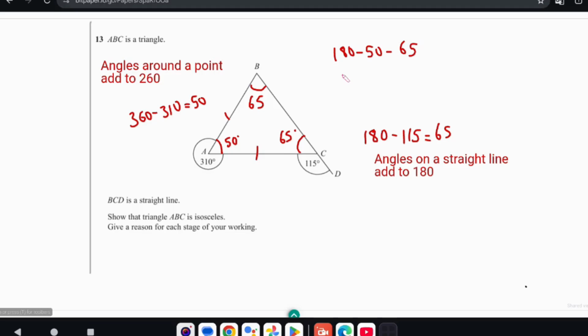And here, angles in a triangle add to 180. So let me just give the final sentence here. Triangle ABC is isosceles because two angles are the same.